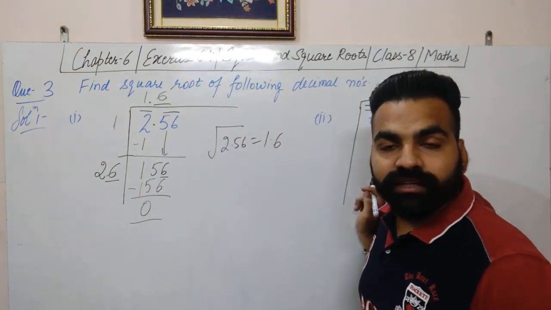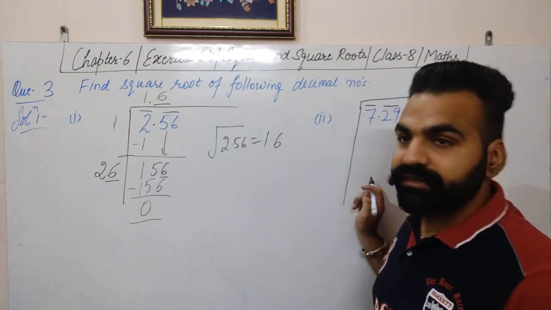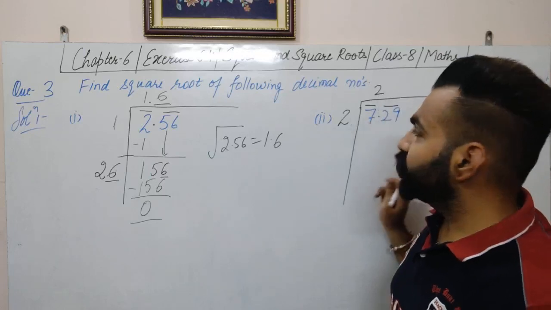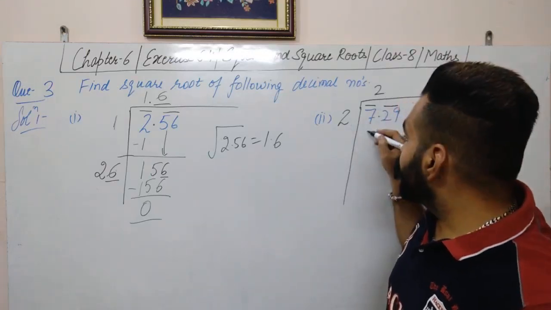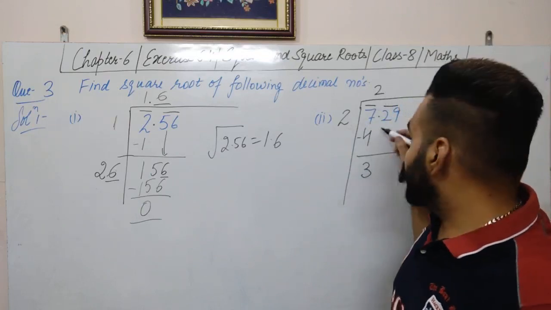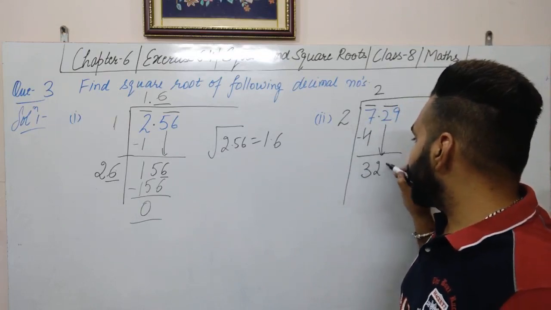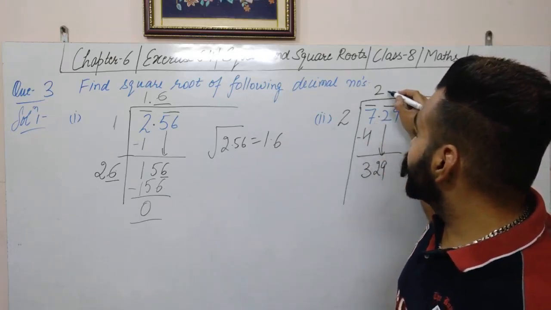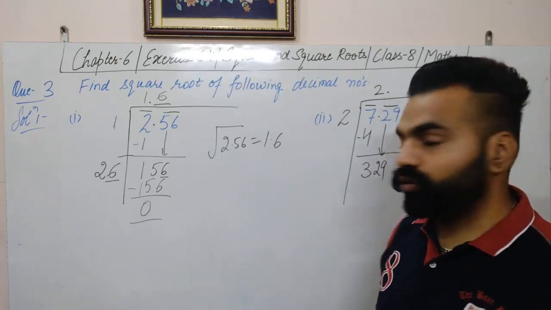We have to check the perfect square number which is less than 7, that is 4. So we will take 2 here and 2 in the quotient also. 2 into 2 is 4, we subtract, and this will be equal to 3. We will take this pair down, 29. Since there is a decimal before 29, we will put a decimal in the quotient also.